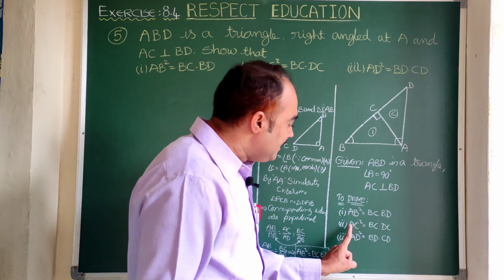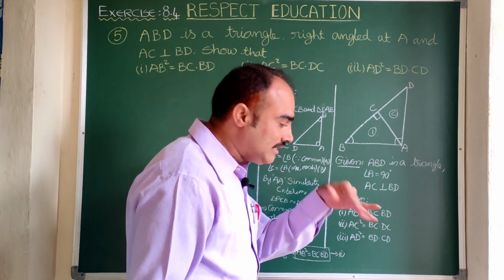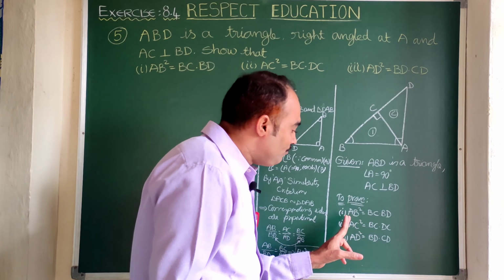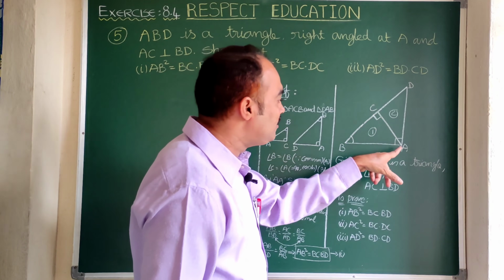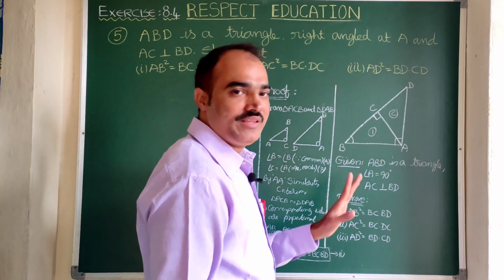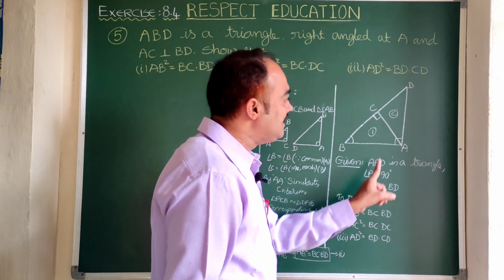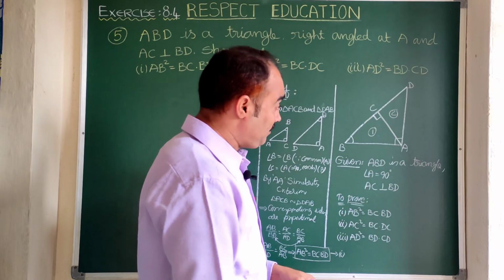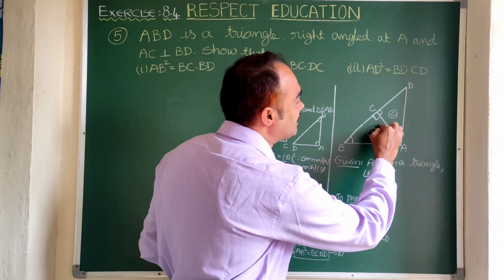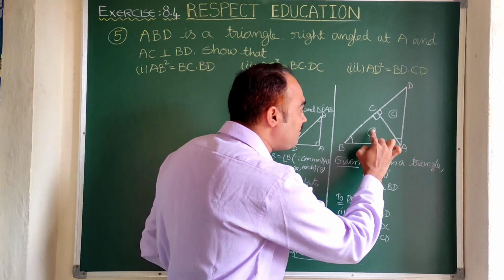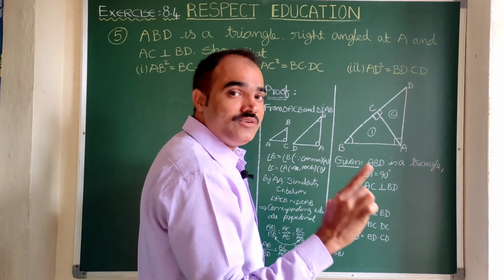I repeat, AC square is AC into AC. One AC with BC means you are taking triangle ACB. At the same time, another AC with DC means you are comparing these two triangles, first son with second son. That is what I have told you.